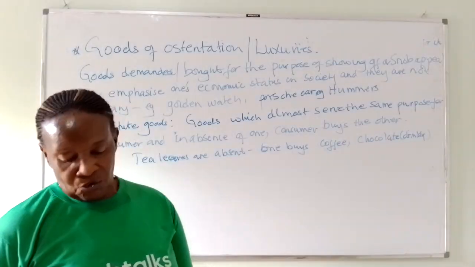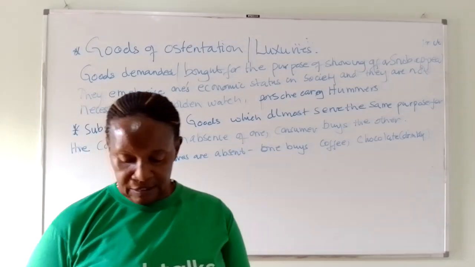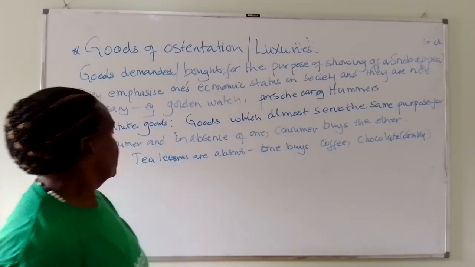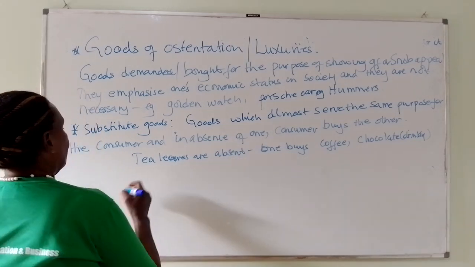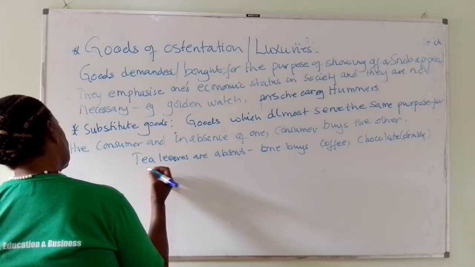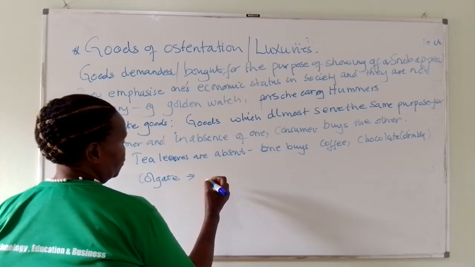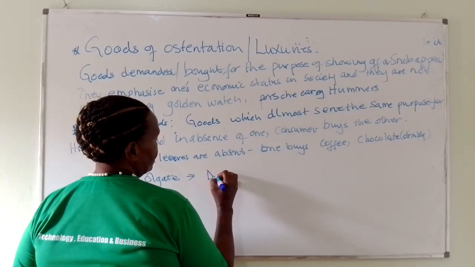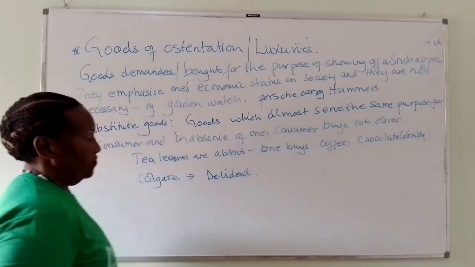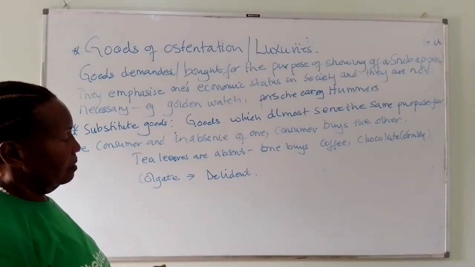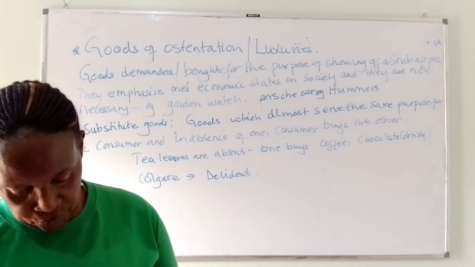They are beverages which are used for taking tea, and you get the desired kind of satisfaction. So tea leaves can be replaced by coffee. For example, we have a variety of toothpastes. If Colgate is not there, you may go for, let's say, Dividend. One is a substitute of the other, and you usually look at the amount of money you have, but they serve the same purpose, and so on.